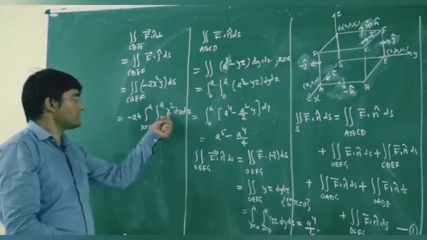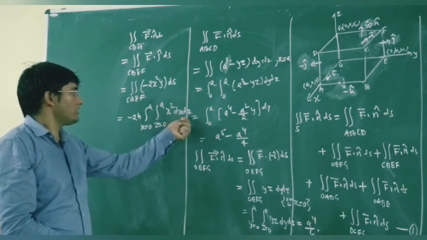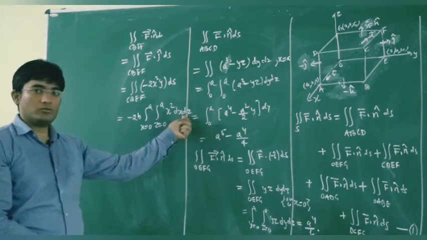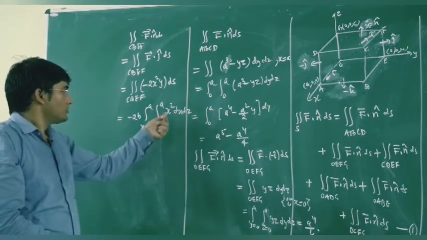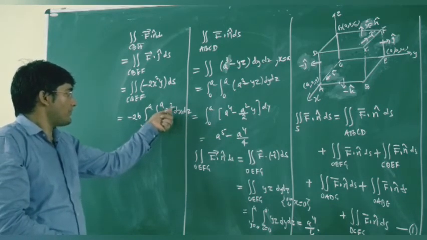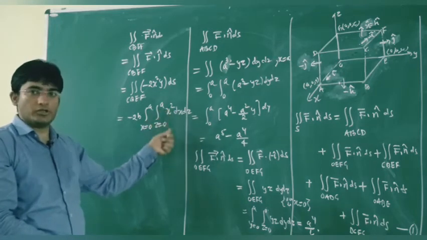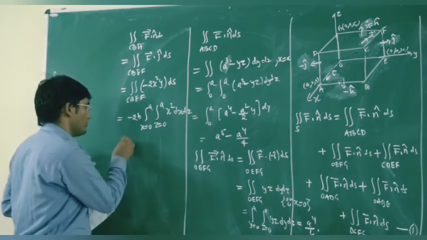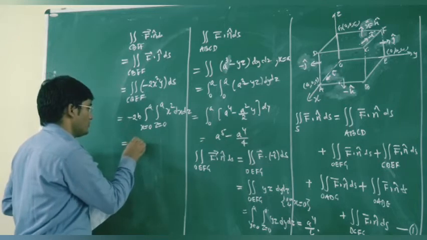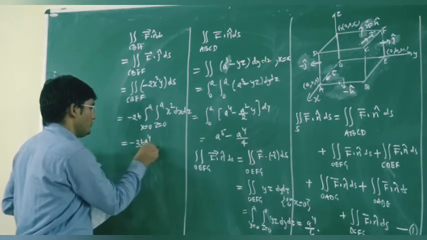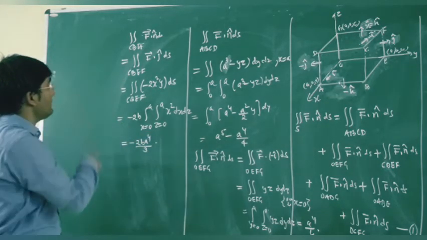Now the integration of x square will be x cube by 3, and the integration of dz will be z. So here we have x cube upon 3, that means a cube upon 3 into a, so a power 4 upon 3. So this is the integral CBEF.